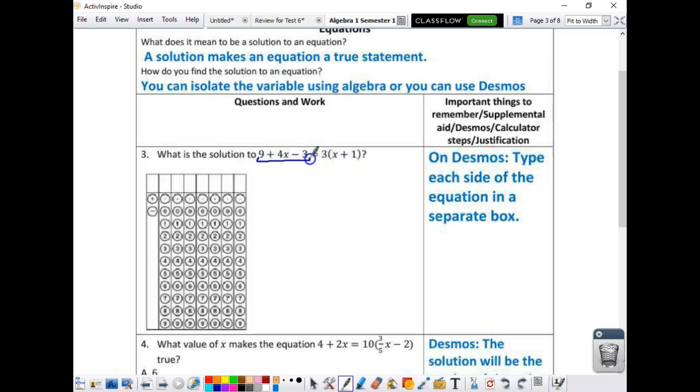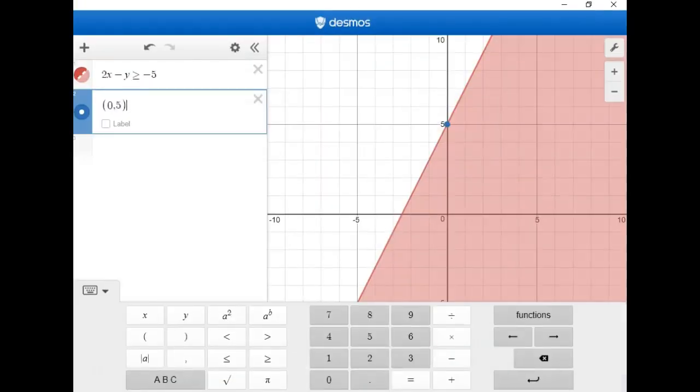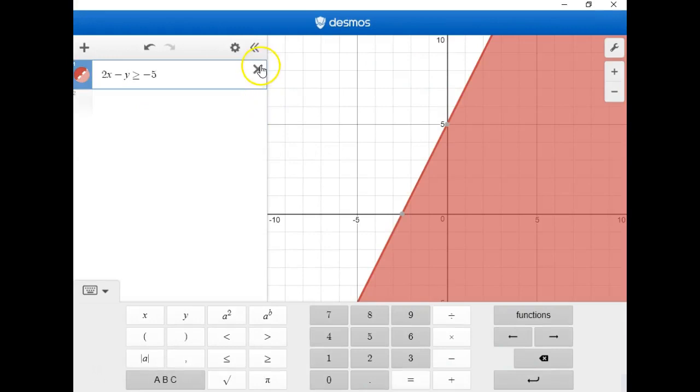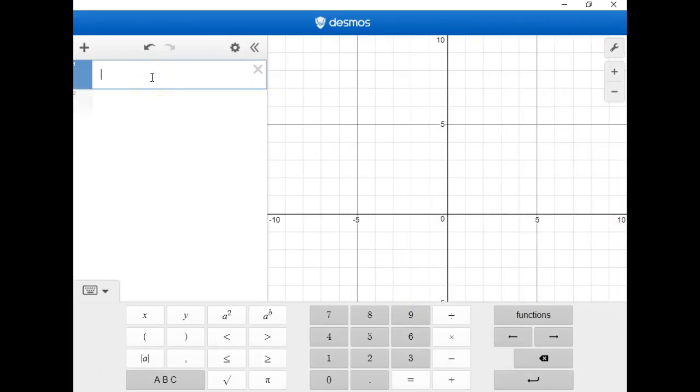You're going to type this into one box and this into the other. Again, you can do the same thing. Watch me on Desmos, or you can fast forward if you feel like you know how to do this. Okay, so on the first box, we're going to type in 9 plus 4x minus 3.